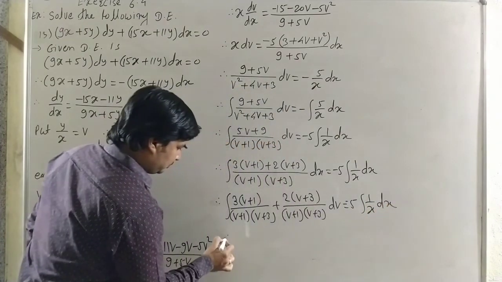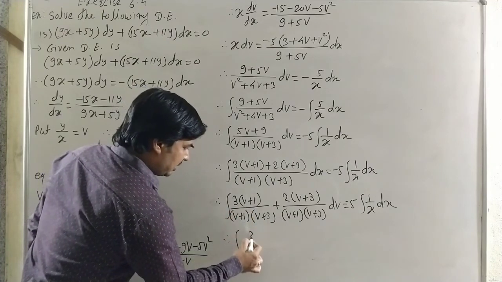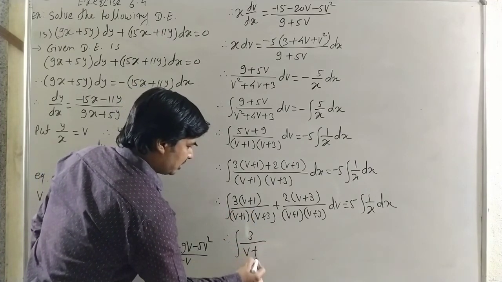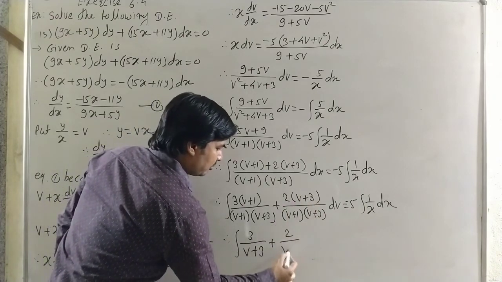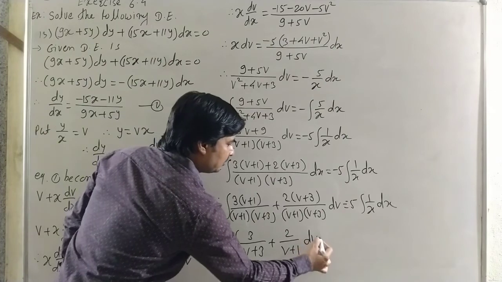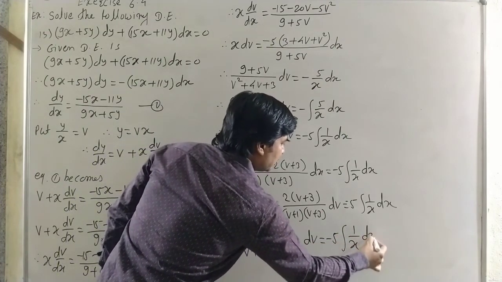And then here φ + 1 gets cancelled. Here it is 3 upon φ + 3 plus, φ + 3 cancels, 2 upon φ + 1 dv is equal to minus 5 into integral of 1 by x dx.